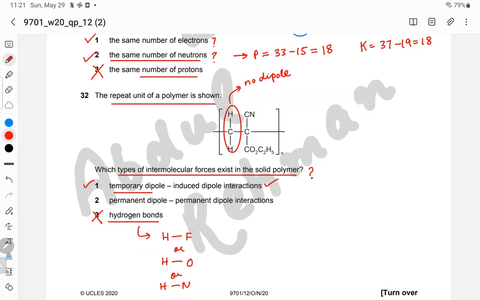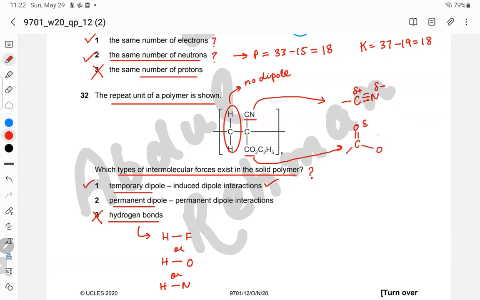And if we look at the second statement, here it's temporary dipole, permanent dipole. If you look here, you have a CN group, and here you have a CO2 group. The CN group makes it carbon triple bond nitrogen, where nitrogen is partial negative and carbon is partial positive. And on this group, it must be like this.